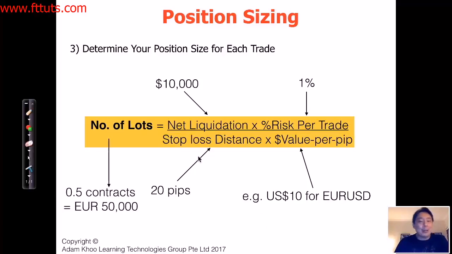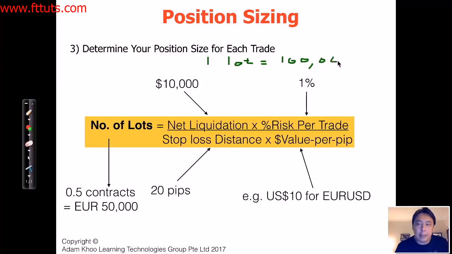Oops, sorry. So yeah, once you punch in these numbers, 10,000 multiplied by 1%, divide by 20 times 10, you will get 0.5. So the answer is 0.5. So what is 0.5? 0.5 means 0.5 contracts, or sorry, 0.5 lots, if you will. Now recall in lesson 1, one standard lot in Forex is 100,000 of the base currency.